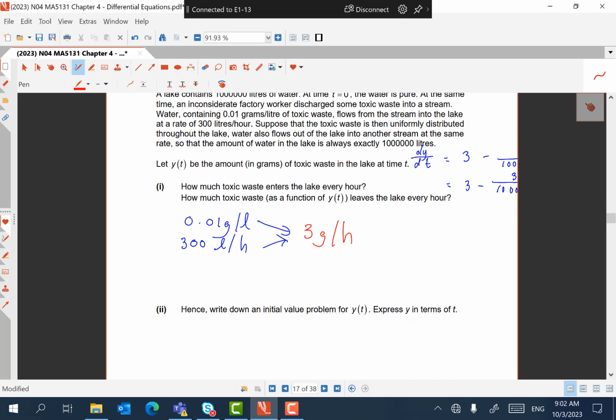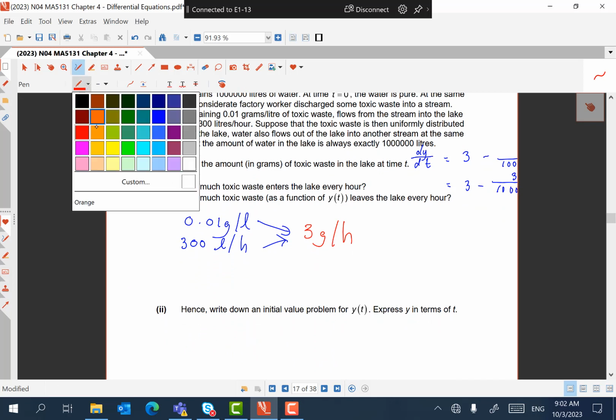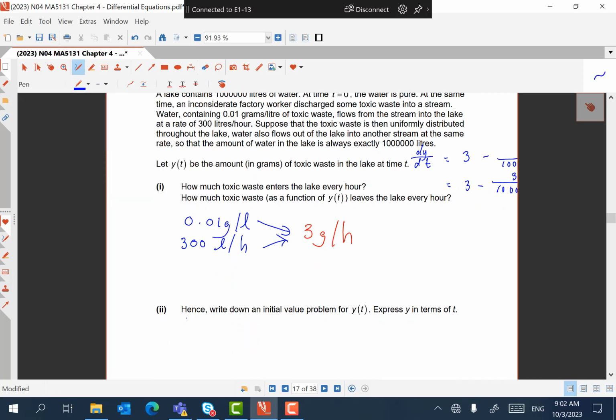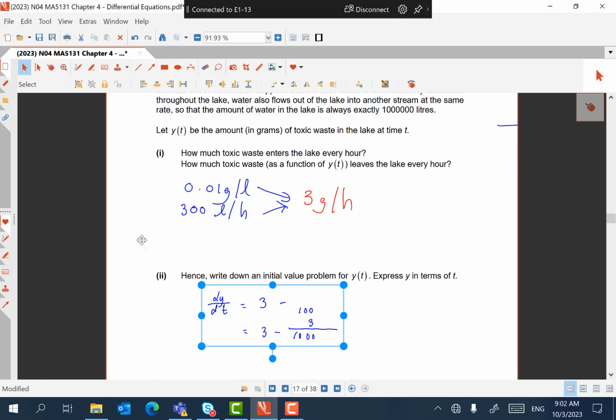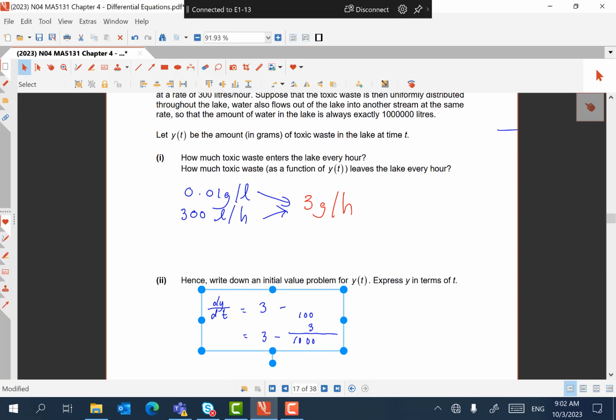Hence, right now, the DE for this phenomenon will be, just nice, I'm going to steal my DE that I had here. Oops. Okay, my mission failed. Not to worry.